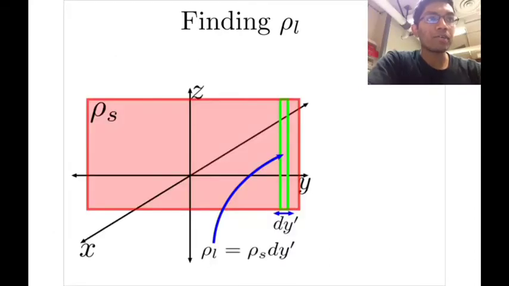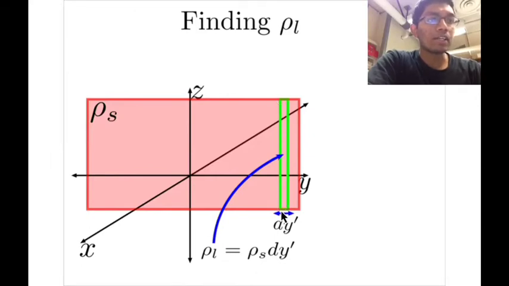So here you can see I've written out a much neater solution for what rho L is. That's just rho s times dy prime. This makes sense intuitively because you have an infinite sheet of surface charge density rho s in coulombs per meter squared, but you want to find the charge density for this line.